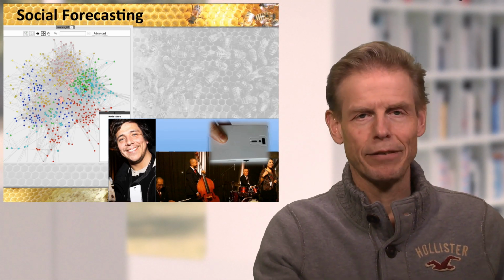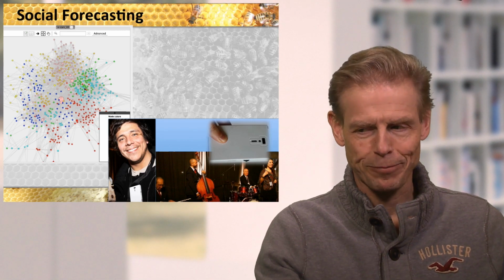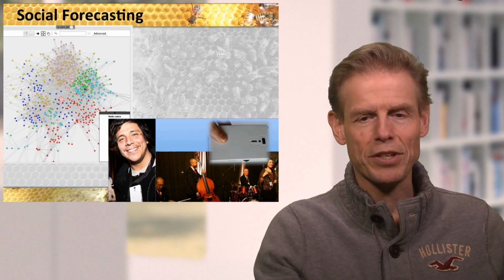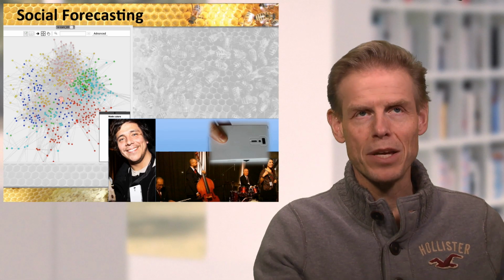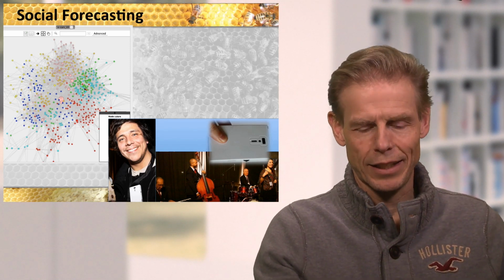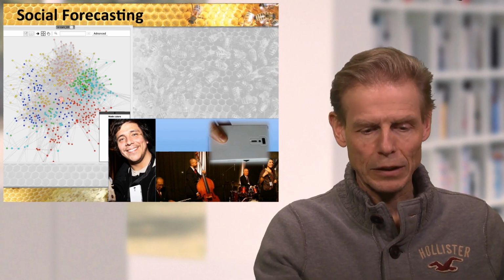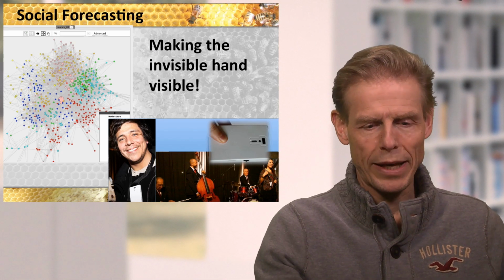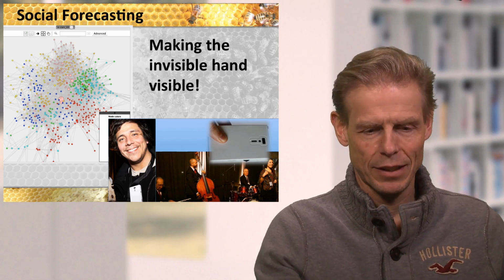You see here Javier wearing such a badge around his neck, and you also see a group of jazz musicians whom we have recorded and where we have measured the satisfaction of the audience with their play, measuring their interaction using the badges. What this allows us for the first time is to make Adam Smith's invisible hand visible.